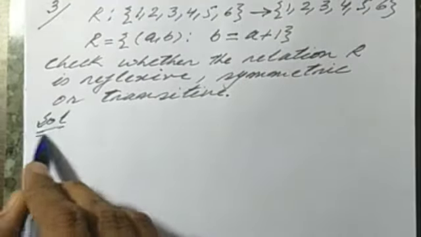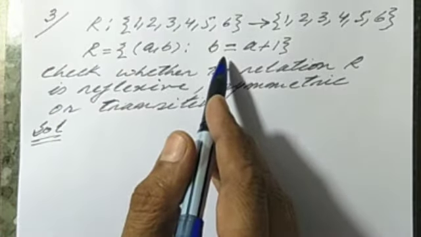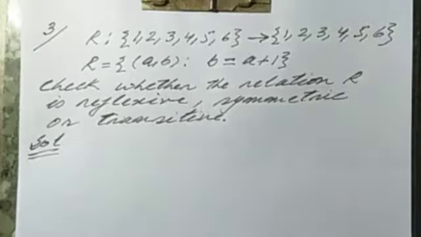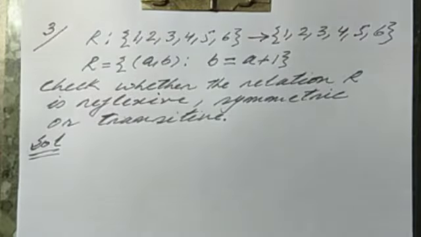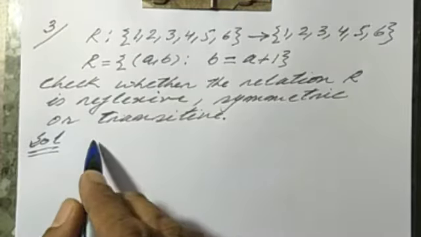So first we would like to change this relation into roster form, because it is already given in set builder form. If domain and codomain are finite and not very huge, it is always advisable to convert a relation from set builder form into roster form.